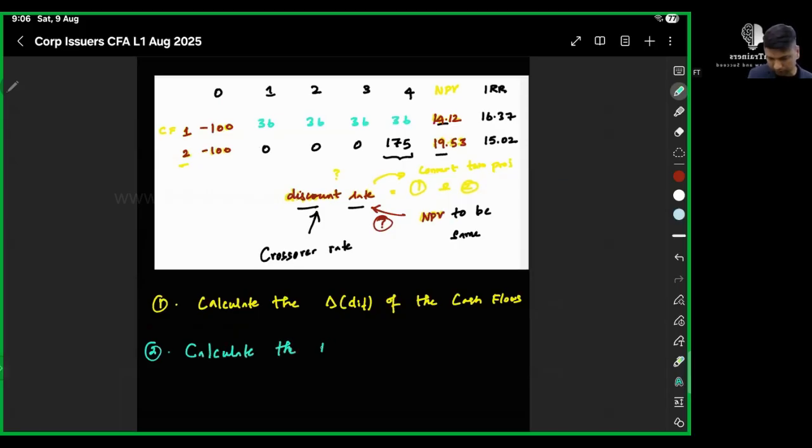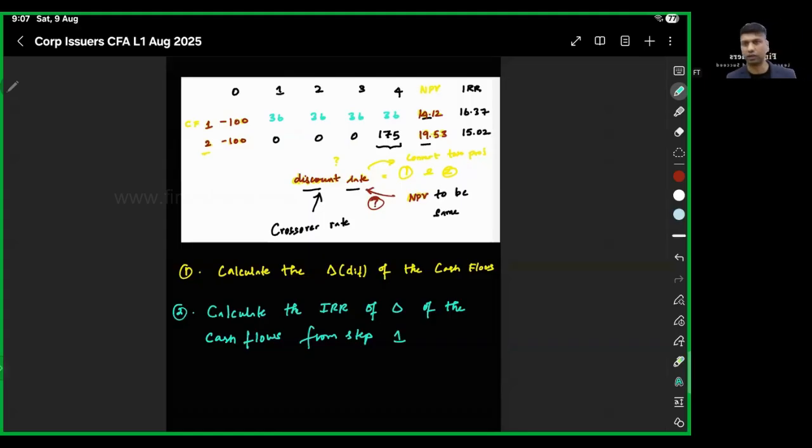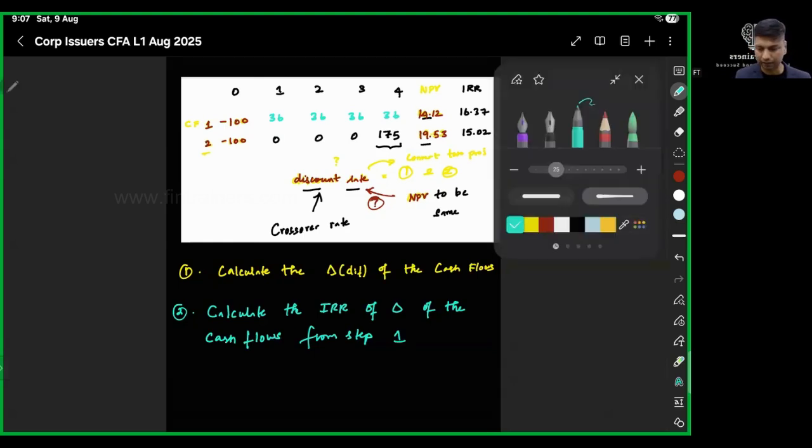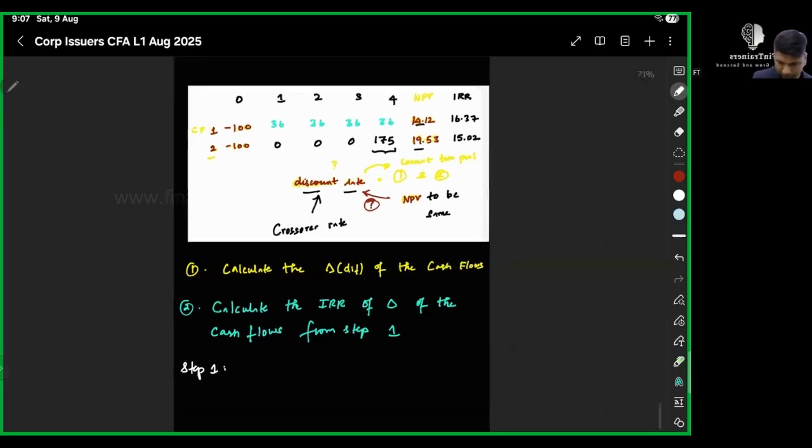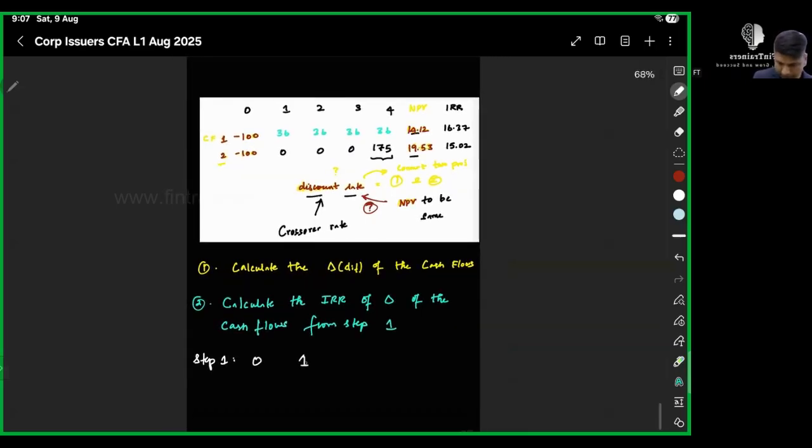We will do this together. Delta means the difference. Which one do you subtract from which? It doesn't matter; either way, it will be the same answer. So let's do step 1. We subtract, and we have these timelines 0, 1, 2, 3, 4.